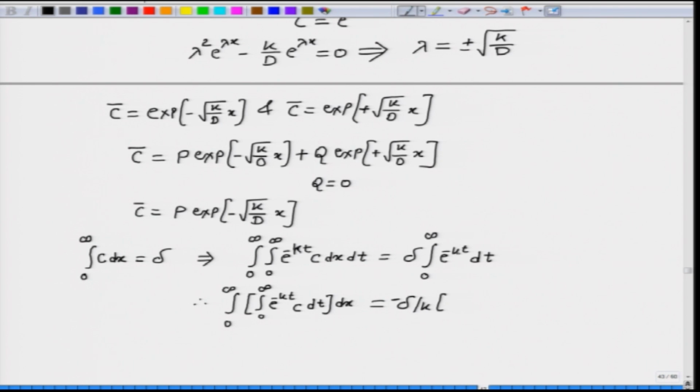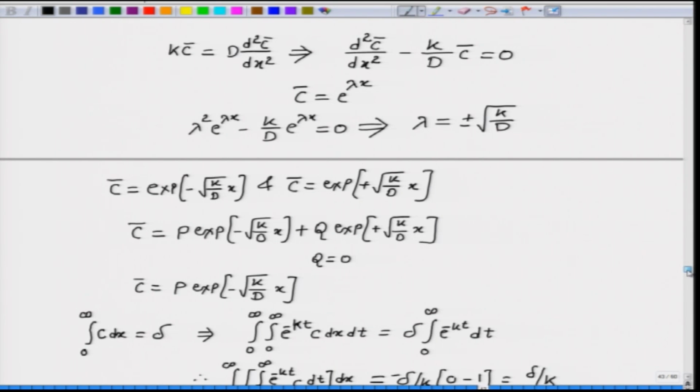Now, e to power minus k t at infinity will be 0, e to power minus k t at 0 will be 1. So, this should be equal to delta by k. And again this is the Laplace transform, the inside integral is the Laplace transform of c. So, integral 0 to infinity c bar dx should be equal to delta by k.